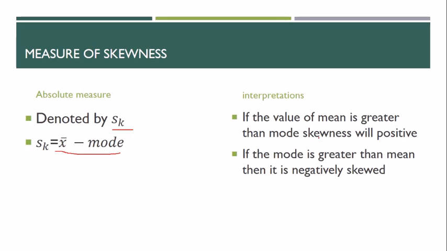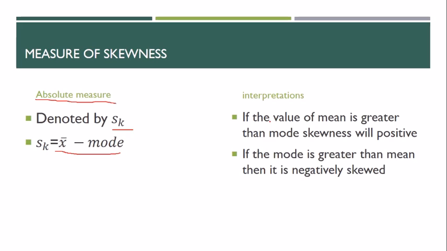After calculating x bar minus mode, you will get a value, and that value will be the absolute measure of skewness. Now there are a lot of measures of skewness. We'll study the absolute measure first, in which the formula is Sk equals x bar minus mode.